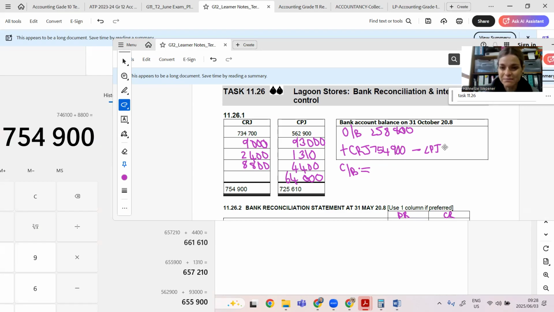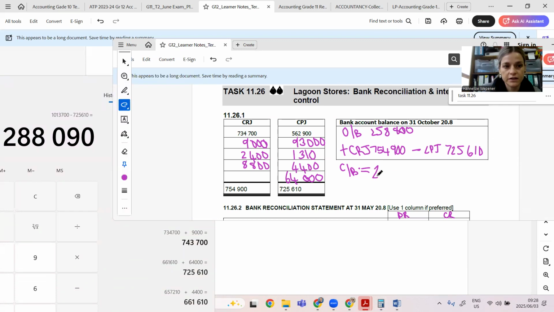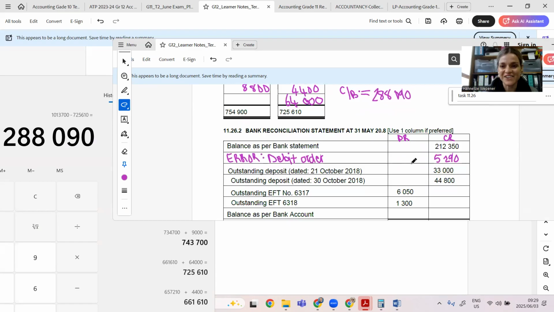Okay, and then with the CPJ, 725,610. Righto. So it's my opening balance plus my CRJ total minus my CPJ total. So I should have 288. There we go.